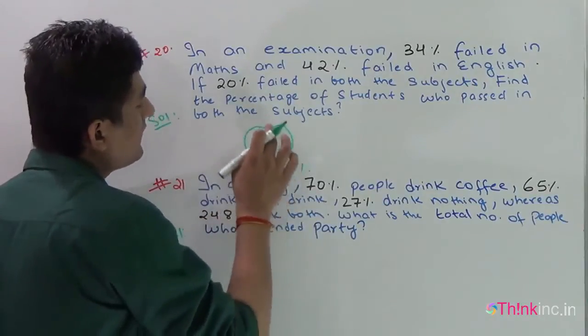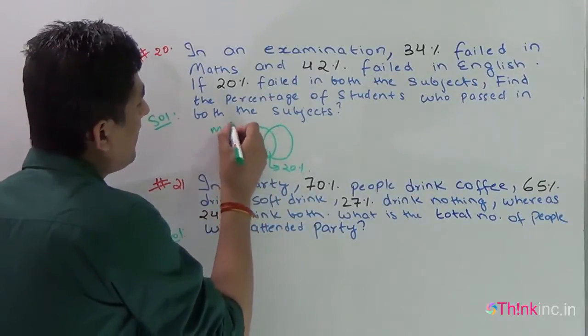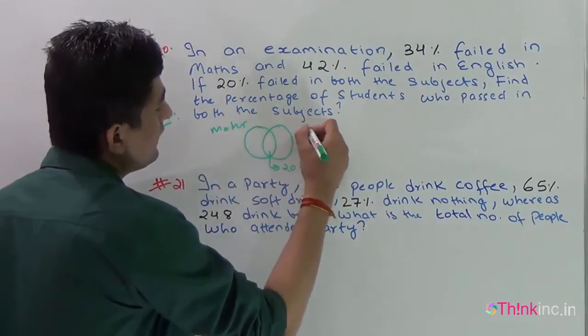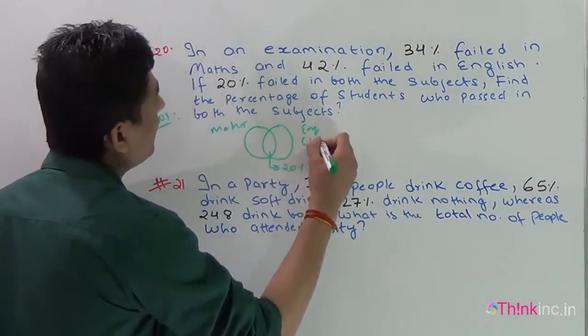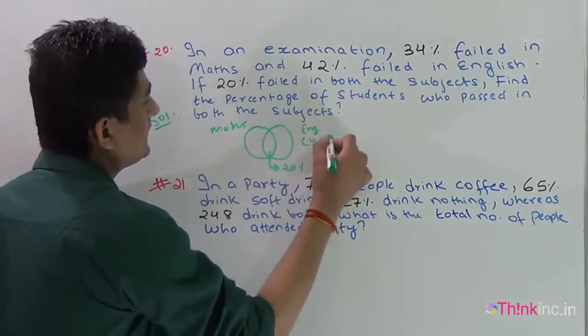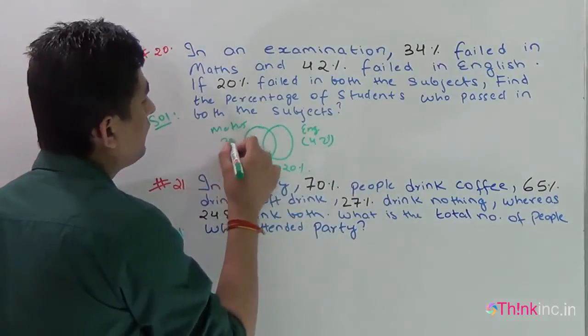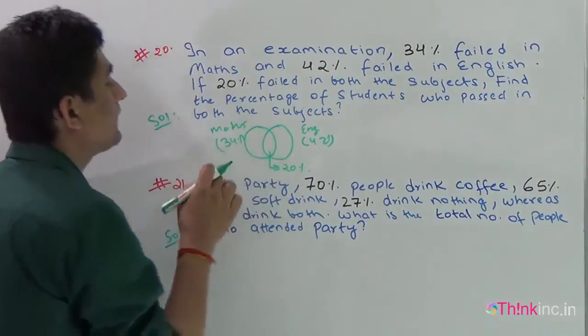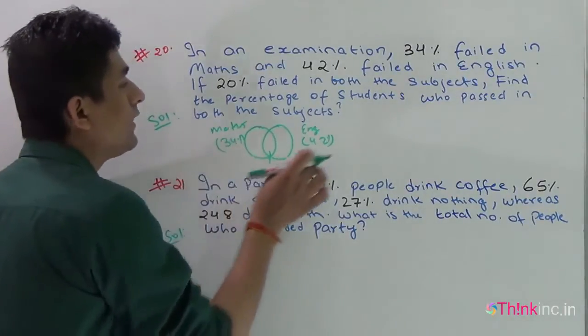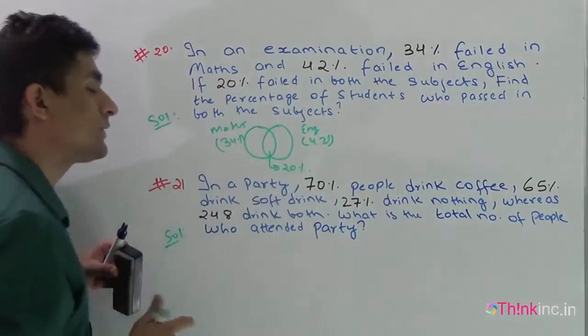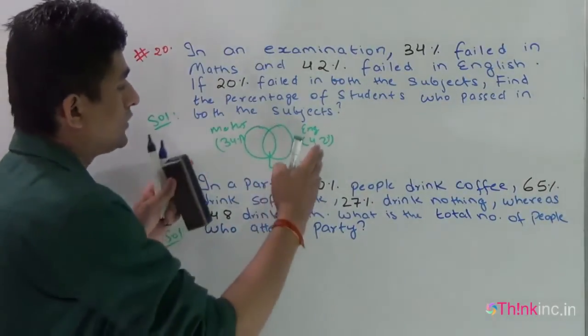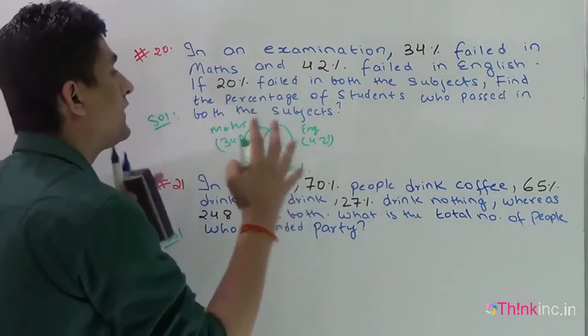This section will give me the students who failed in maths, and this section the students who failed in English, and the percentages given are 34 and 42. 34% of the students failed in maths, 42% failed in English, and 20% failed in both the subjects. So this is the basic Venn diagram of this question.